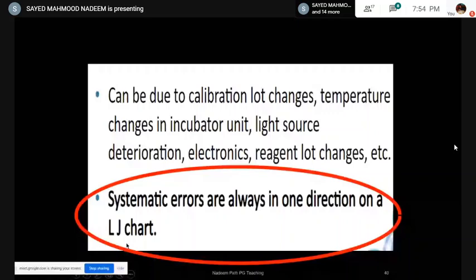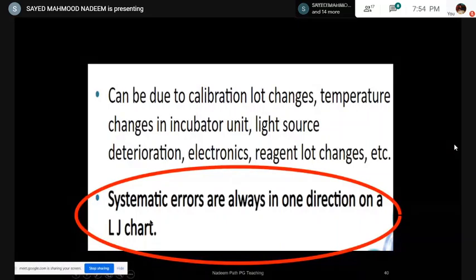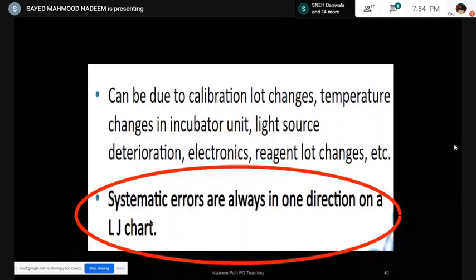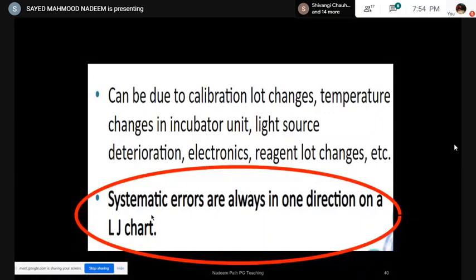On the contrary, random errors will be either on one side once and the second time on the next side. So systematic errors will be multiple points occurring in a gradual manner only on one side of the LJ chart. So this is a good clue to understand whether the error on the LJ chart is random or systematic.